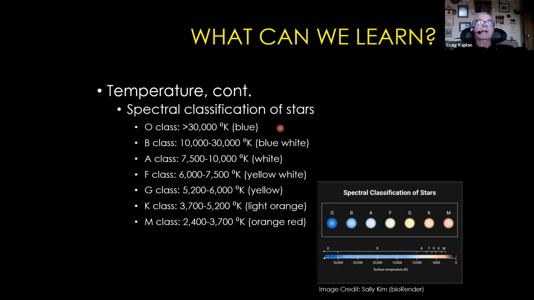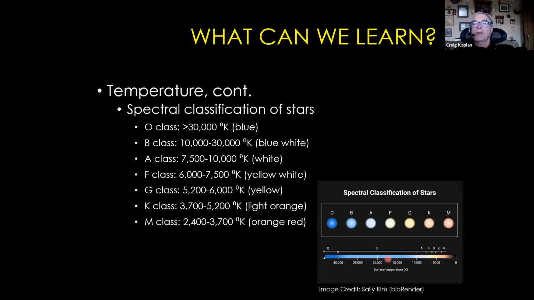The most energetic class are the blue stars, and they have spectral curves that say that they're burning at 30,000 degrees Kelvin. B class, which are blue-white stars, are 20 to 30 thousand degrees Kelvin. Our own sun is a G class star, burning at 5,200 to 6,000.